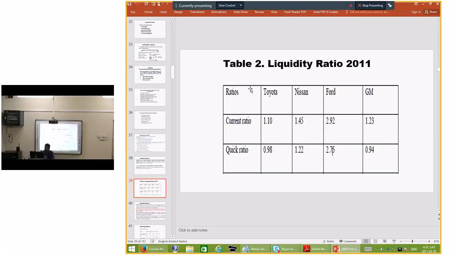Now this is again from the previous lecture sessions. Here are current ratios from Toyota, Nissan, Ford and General Motors. Right now we can compare within these four, and also if we have the industry average, then we can compare with the industry average. That is the major benefit of ratio analysis.